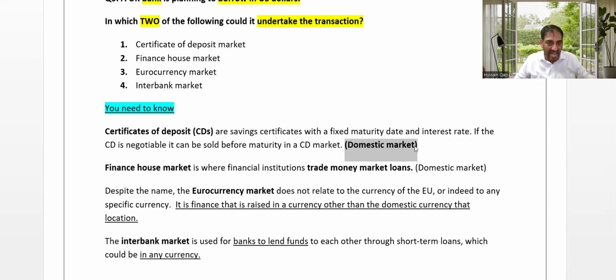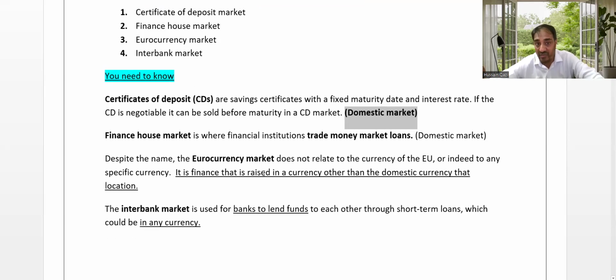Here the UK bank wants to borrow money in US dollars, so it's not possible to issue the certificate of deposit in a foreign currency.